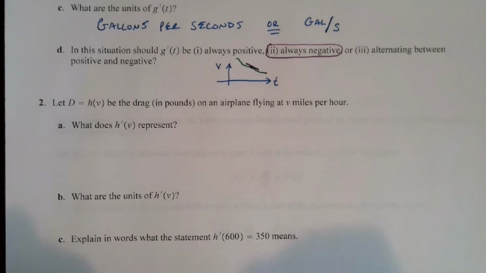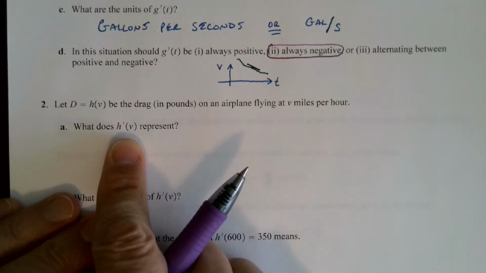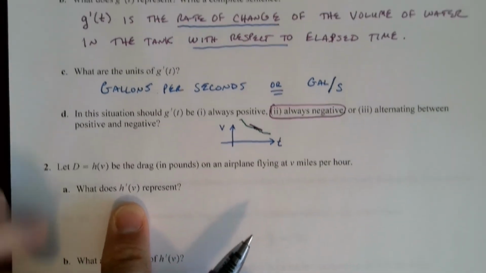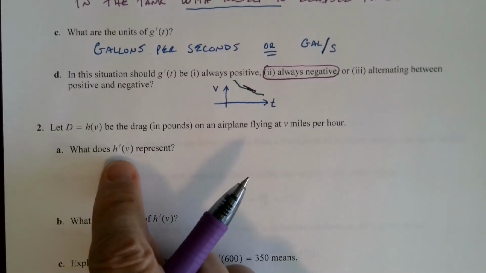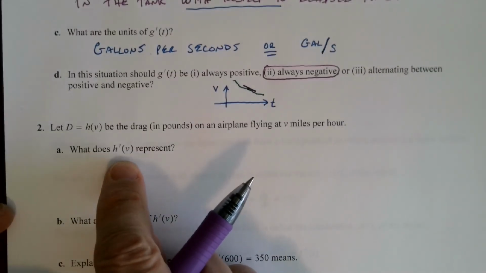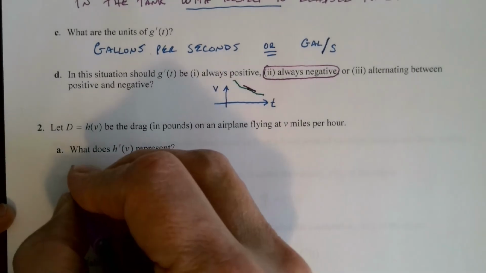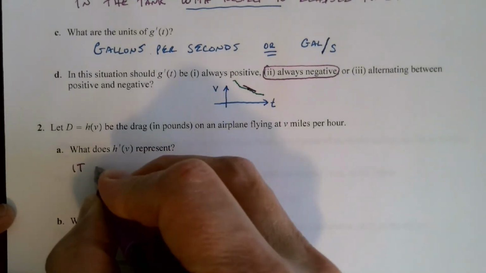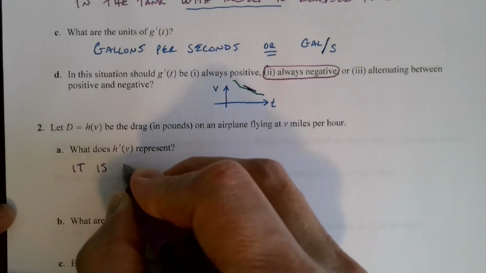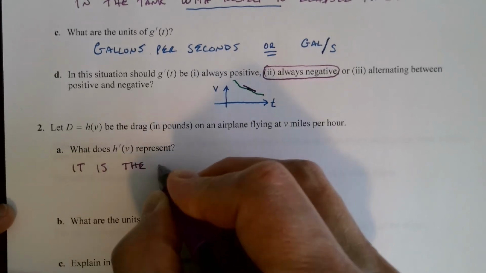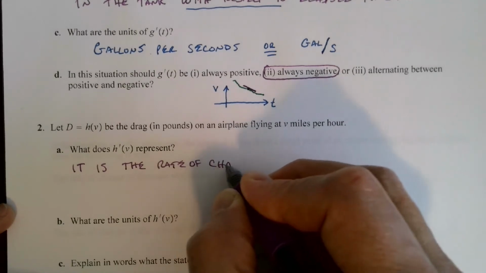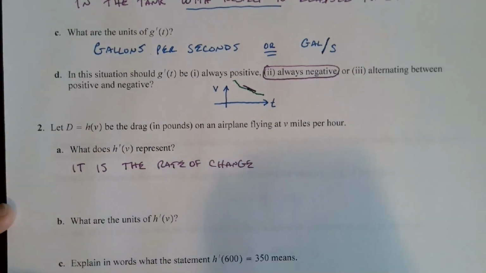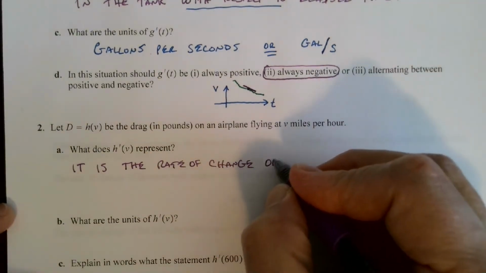Okay, so again, what does h prime of v represent? We answered a very similar question up here: what does g prime of t represent? So again, I'm not looking for h prime of v is the derivative of h. What I'm looking for is, h prime of v is the rate of change of what? The dependent variable, which is the drag.